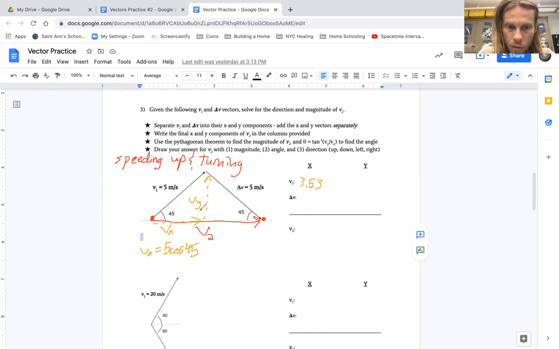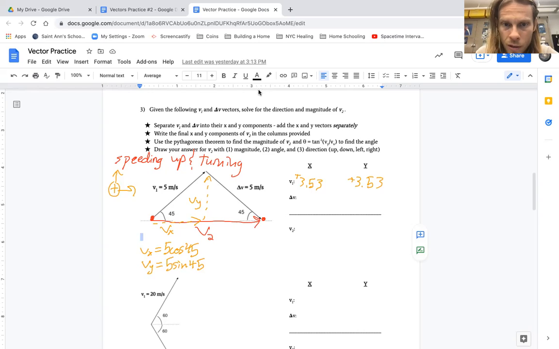The y component is also the same because it's 5 sine 45, which is the same as cosine 45 because it's a 45-45-90 triangle. Either way, you plug that in and you get 3.53. Now we need to establish positive and negative directions. So let's say positive is up and positive is right. That means these both are positive.